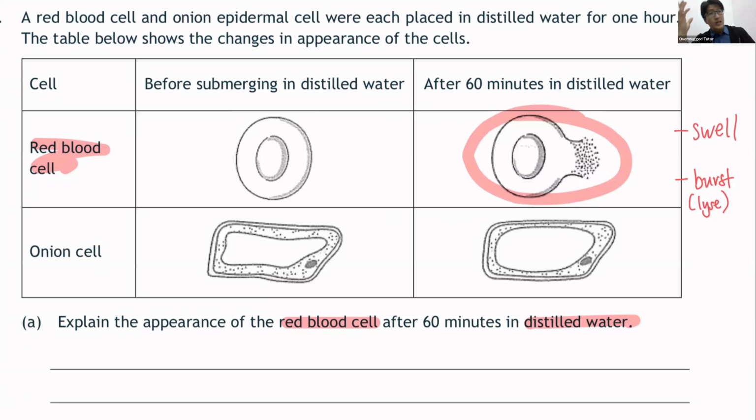What is the name of the gradient in osmosis? Water potential. Thank you. Water potential gradient. So if I have the red blood cell swell and lyse, the gradient, is it into or out of the cell?